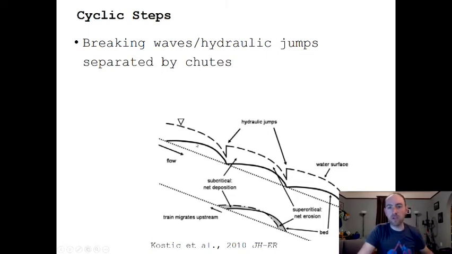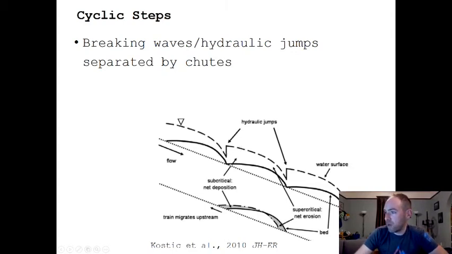And this is not super common in sediment transporting environments, but it does occur where you end up with a breaking wave over the bed, right? So this is the bed topography here. This is the water surface. You end up with a breaking wave at the front. It breaks upstream, right? So the wave breaks backwards, if you will, upstream.